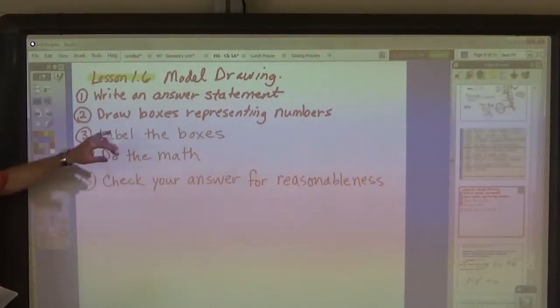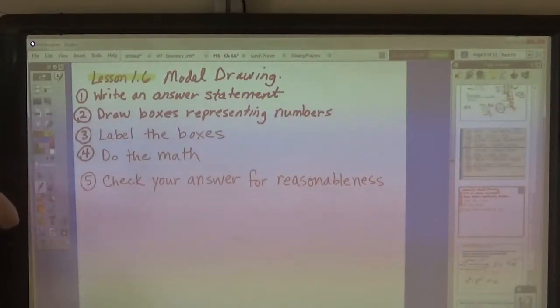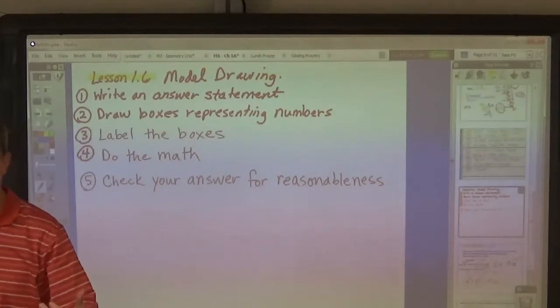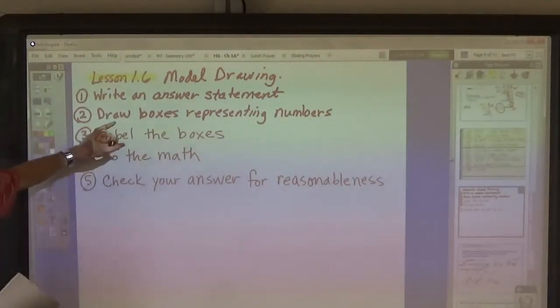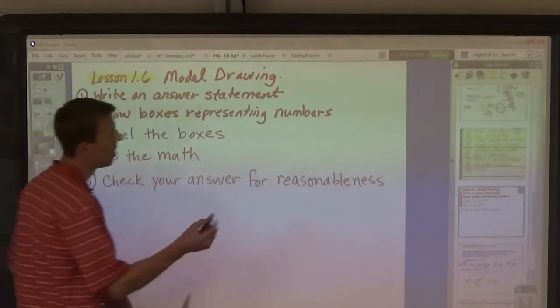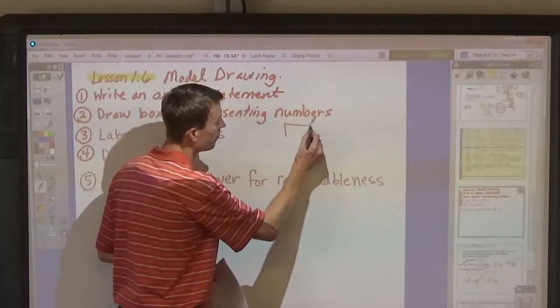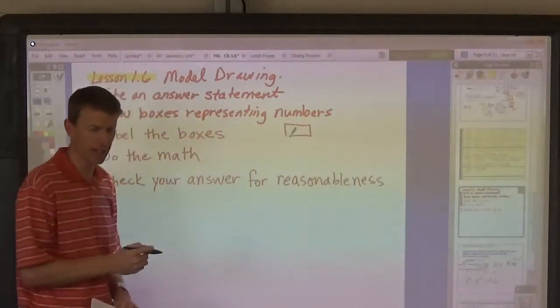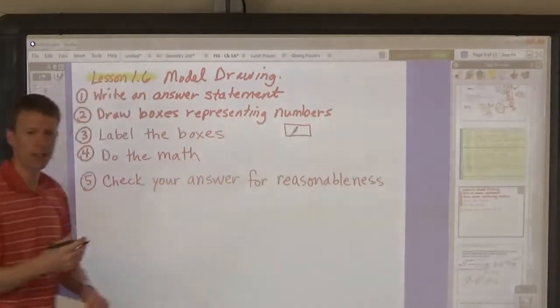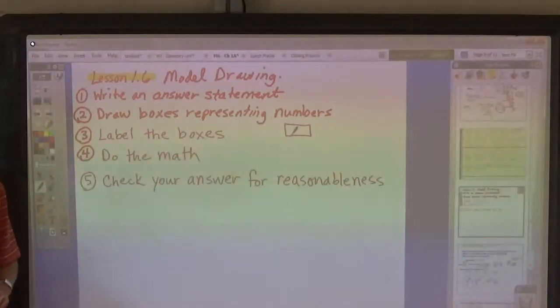After you write an answer statement, so you have a clear understanding of what you're trying to solve or find, then you're going to draw boxes. What I mean by boxes are just rectangles. Sketching the rectangle, each box, or the group of boxes, will represent the numbers in the problem.